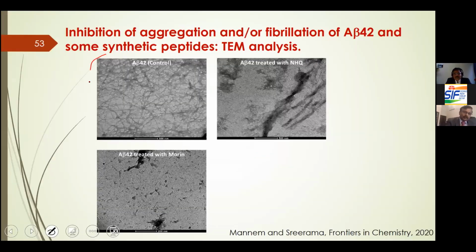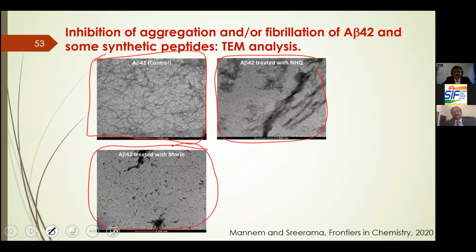Here is the control experiment where we did not add the Lawsone. Very nice peptides. And you add some Lawsone to that, notice the plaques and the fibrils are disappearing. And in this one, you can almost see them completely disappear.